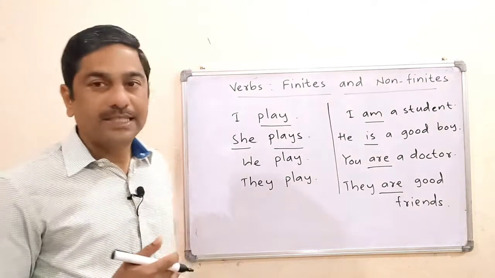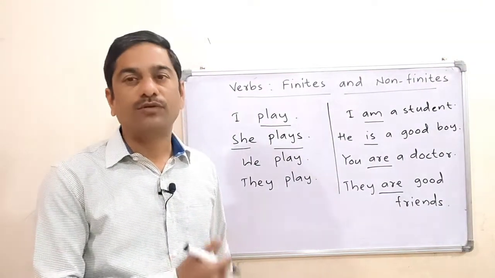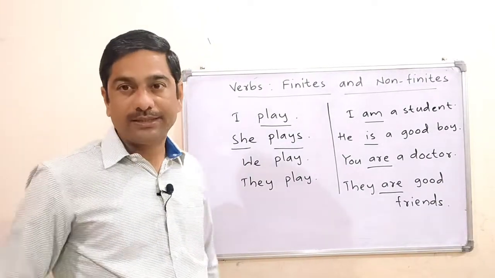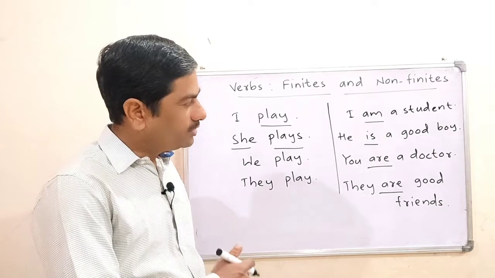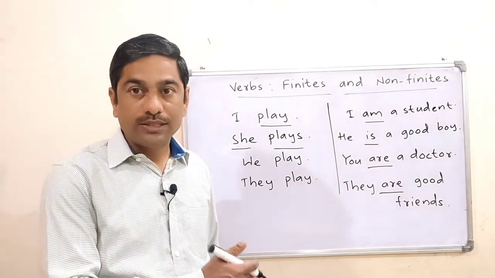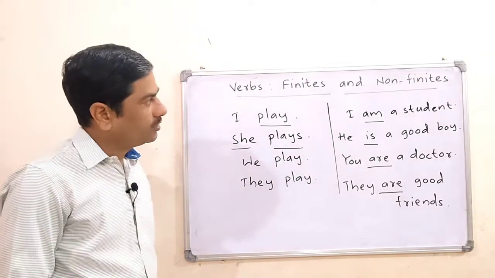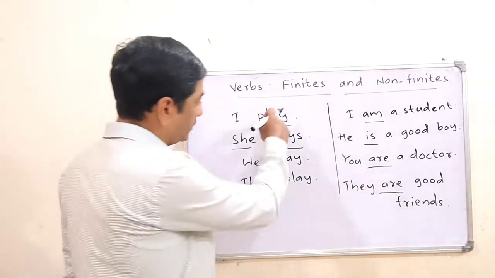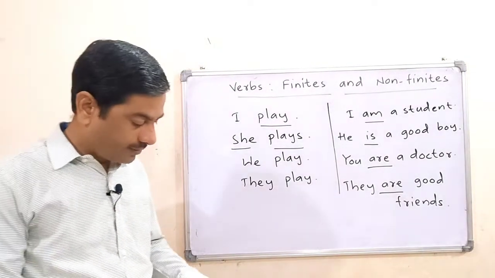So all these sentences are in simple present tense and we are making use of different forms of be. Am, is, are. These are the different forms of be. So if you are changing the subject, you are using different forms of the verbs. So these verbs are finite verbs.